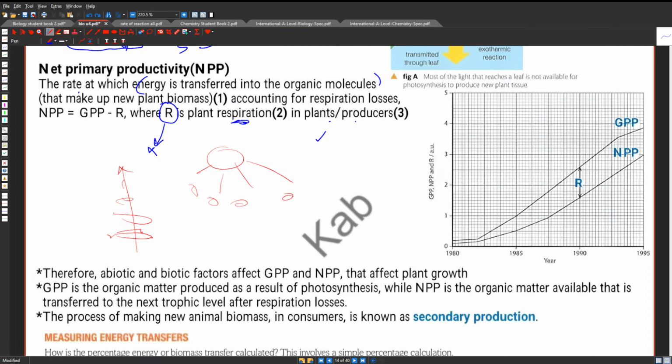All of the organic fuel that's needed for catabolic reactions to develop an organism is lost in the form of heat energy. That's unobtainable.